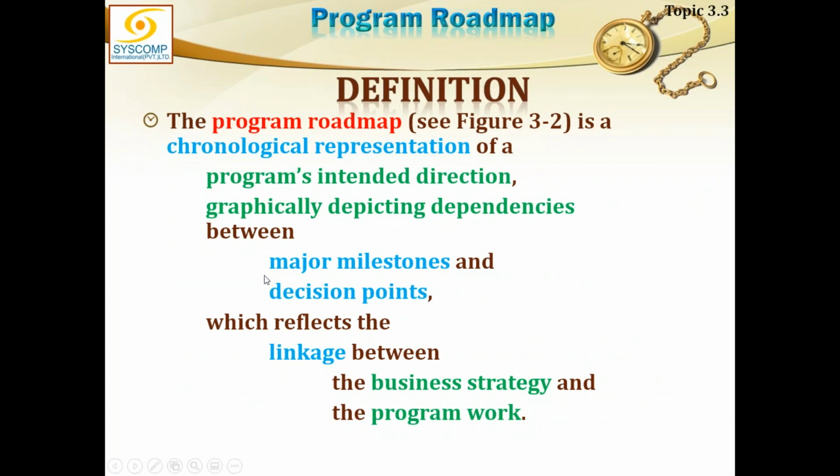Program roadmap is a chronological representation of a program's intended direction, graphically depicting dependencies between major milestones and decision points, which reflects the linkage between business work and program work.